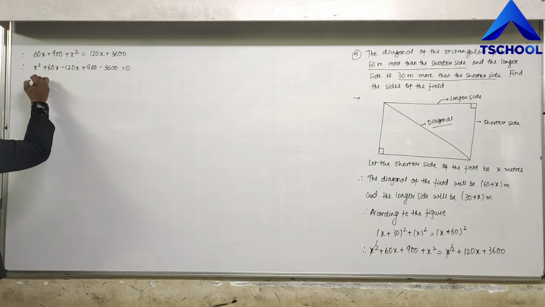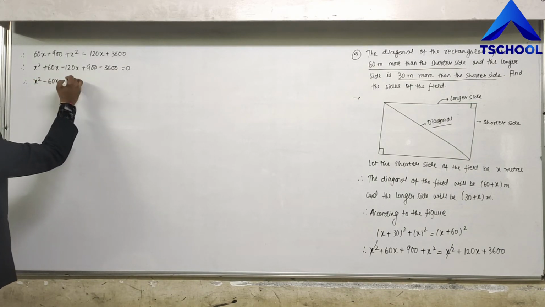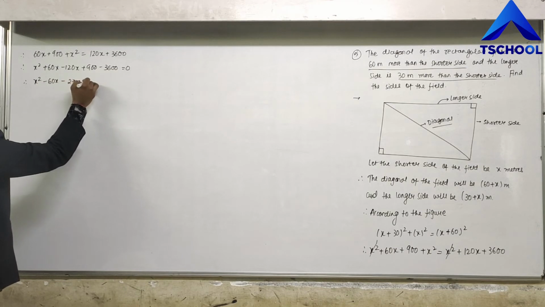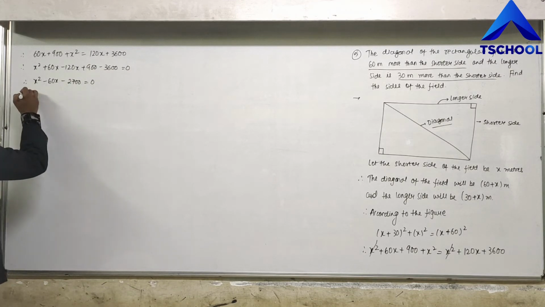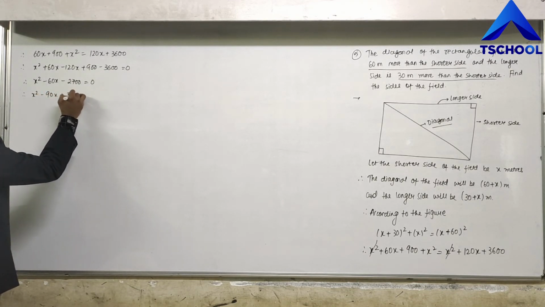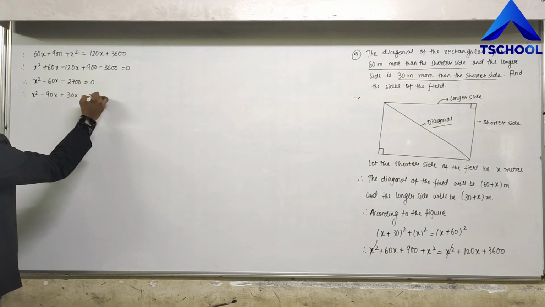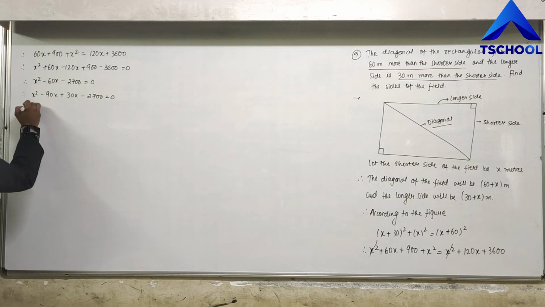Therefore x square minus 60x minus 2700 equal to 0. I need the factors of 2700, that is 90 into 30, I think, right? x square minus 90x plus 30x minus 2700 equal to 0.